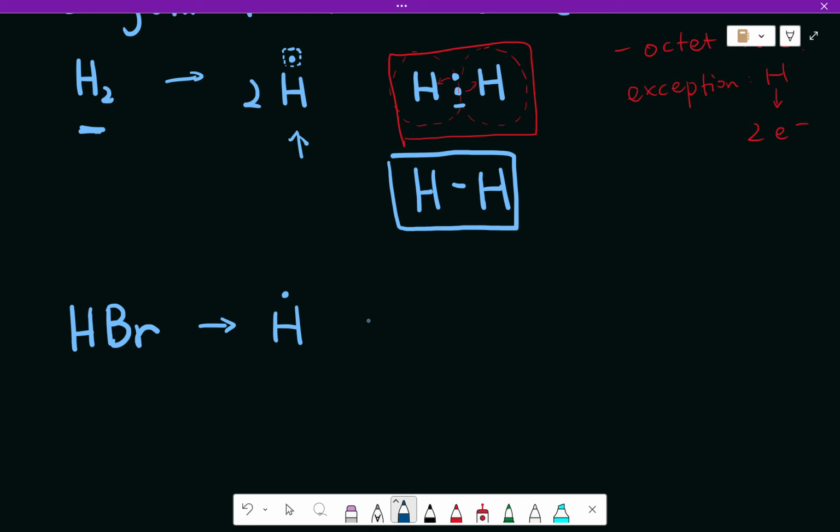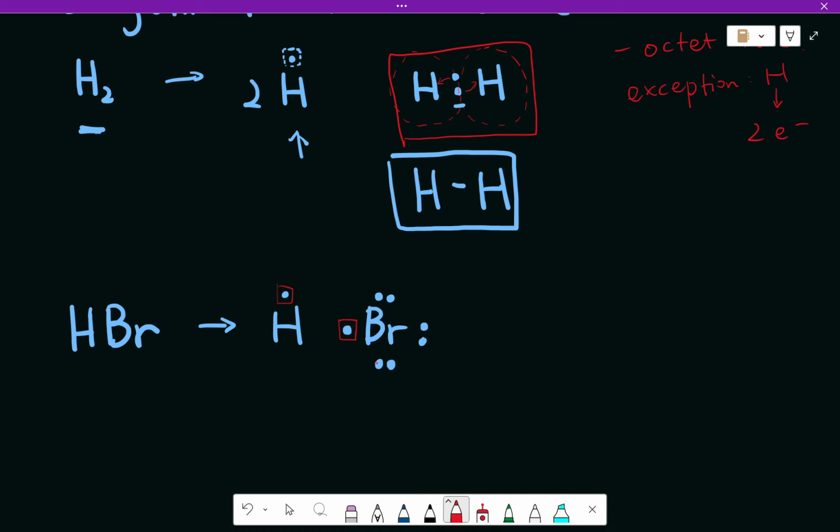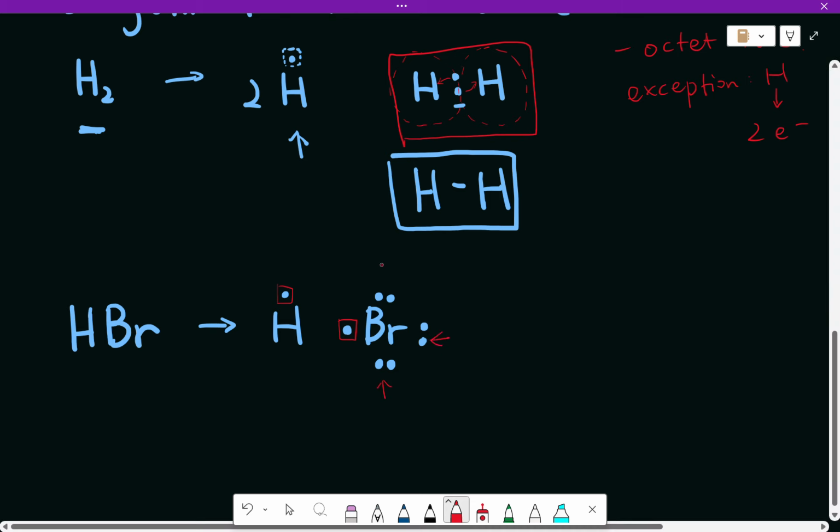Hydrogen has 1 valence electron, and bromine is a halogen atom located in group 17, which means it has 7 electrons in its valence shell. So we're going to draw 1, 2, 3, 4, 5, 6, 7 like this. We can see that hydrogen has 1 bonding electron, bromine has 1 bonding electron, and these 3 lone pairs do not participate in the bonding process.